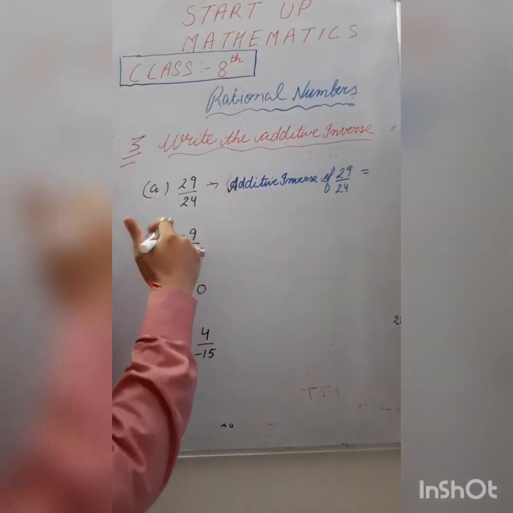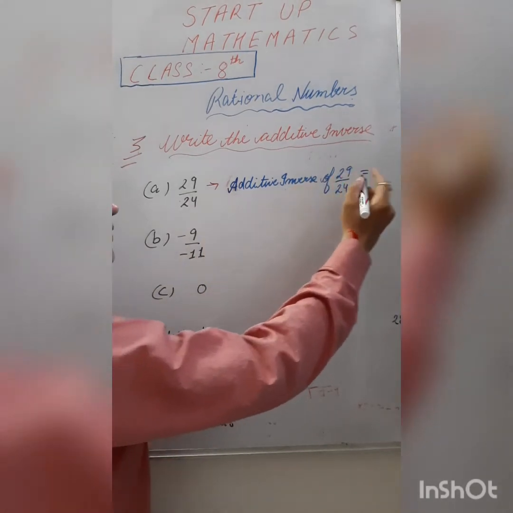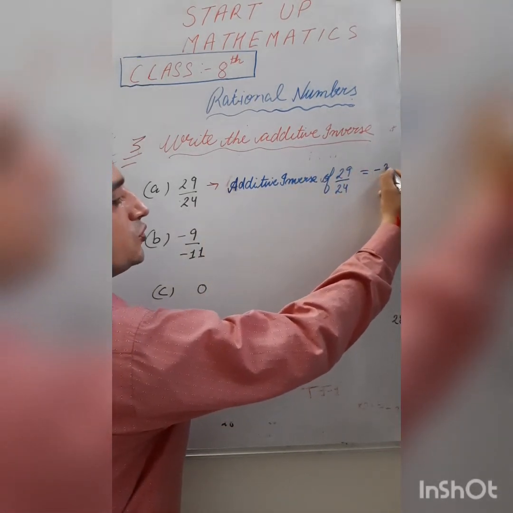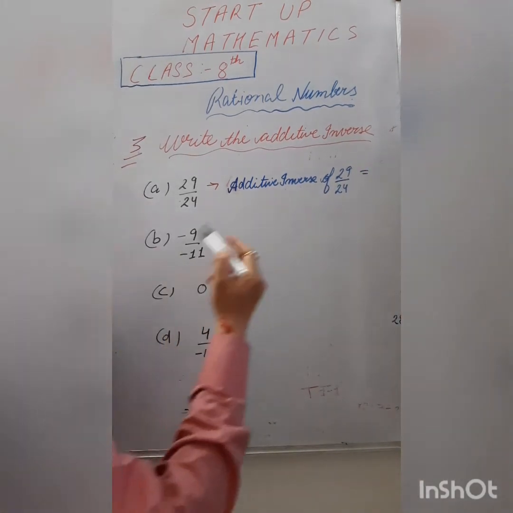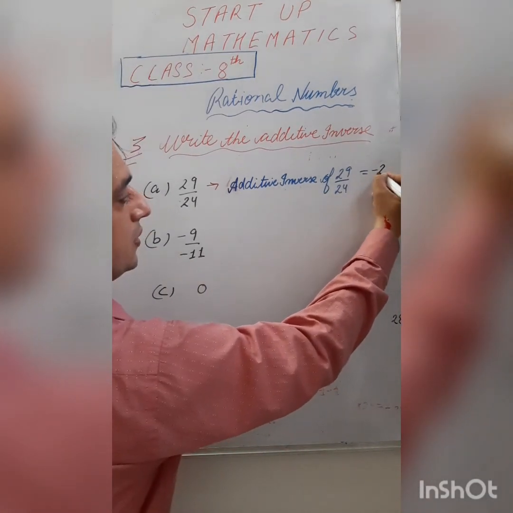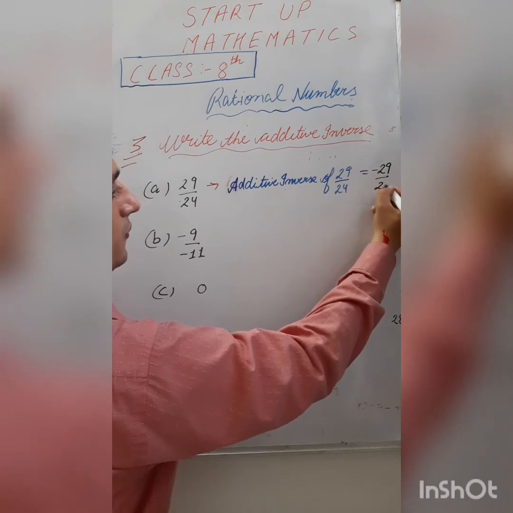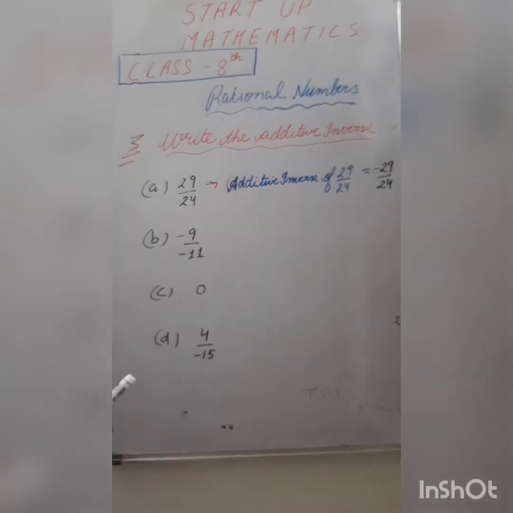It is positive, just reverse its sign, so the answer is minus 29 upon 24, just reverse its sign. Means opposite to a negative number is a positive number, or opposite to a positive number is a negative number, right? See the next case, minus 9 upon 11.